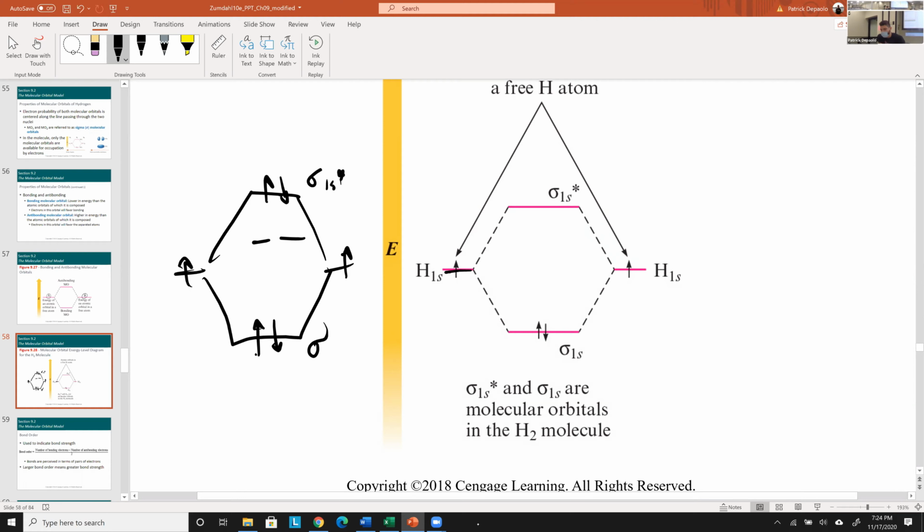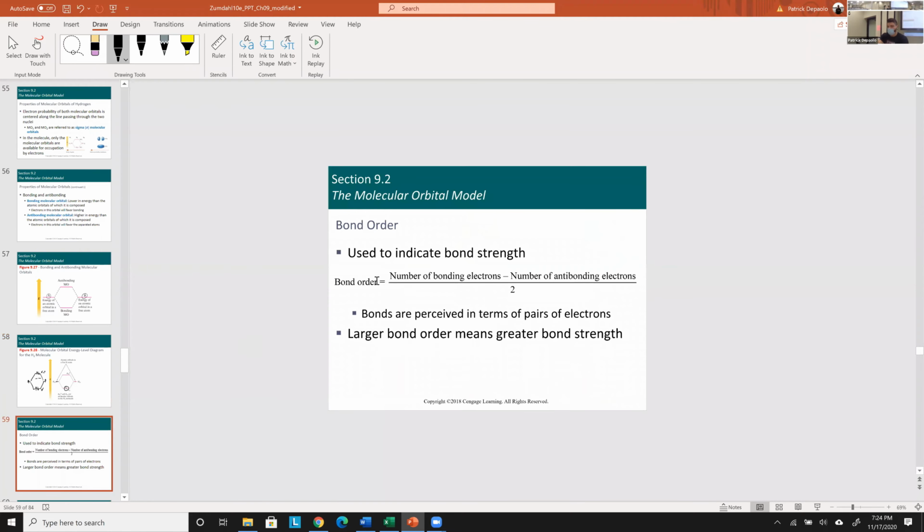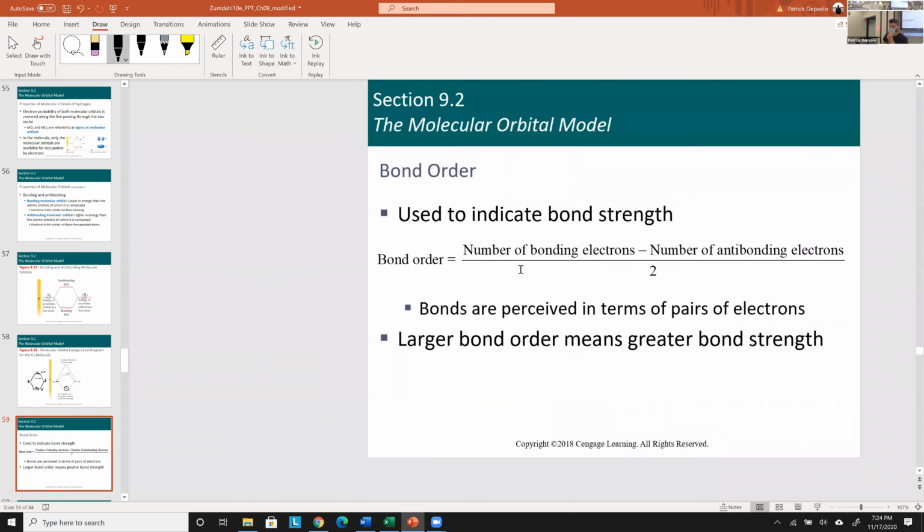And the reason why we're filling in the arrows is we can tell if a bond will actually occur. In this case, hydrogen to H2 is very stable because all the electrons end up in a lower energy level. And we can calculate something to figure this out quantitatively called the bond order. The bond order is used to indicate bond strength.